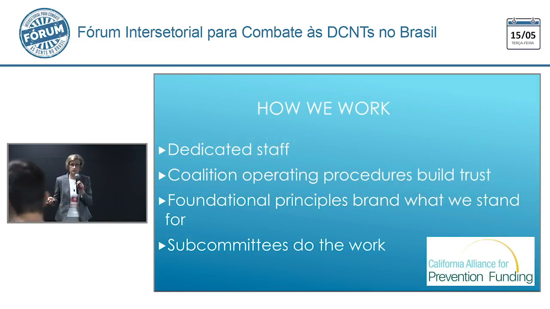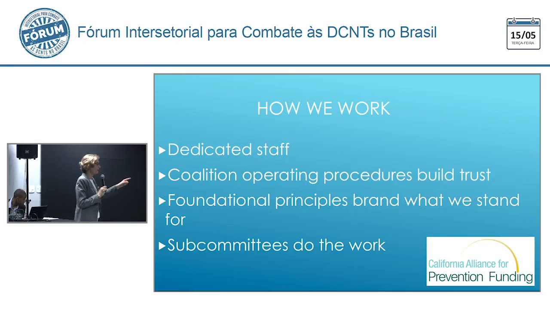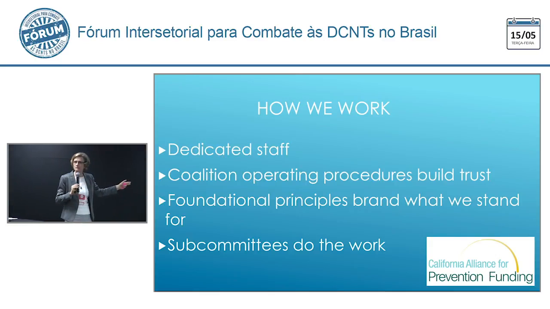This is how we work. We have dedicated staff. That's me. I am the only staff person to the California Alliance for Prevention Funding. We have coalition operating procedures, and this is something I did when I first started. I didn't want to spend a whole lot of time talking about procedures for the coalition.